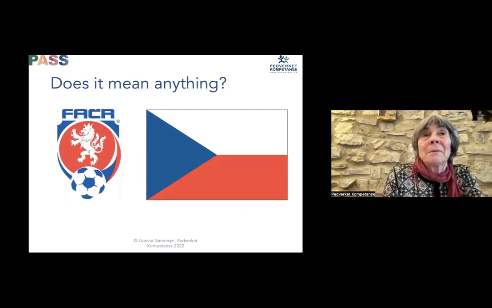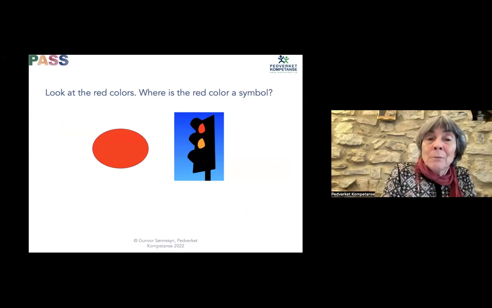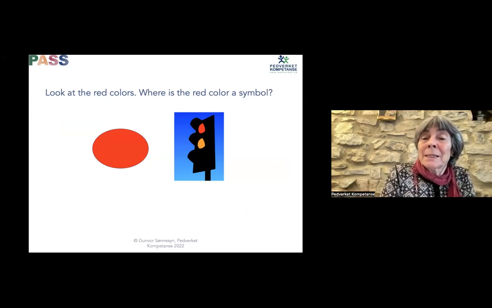And then they need to discriminate between what is a symbol and what is not a symbol, like the red color here. It doesn't have a meaning, but in the traffic light, it has a meaning.